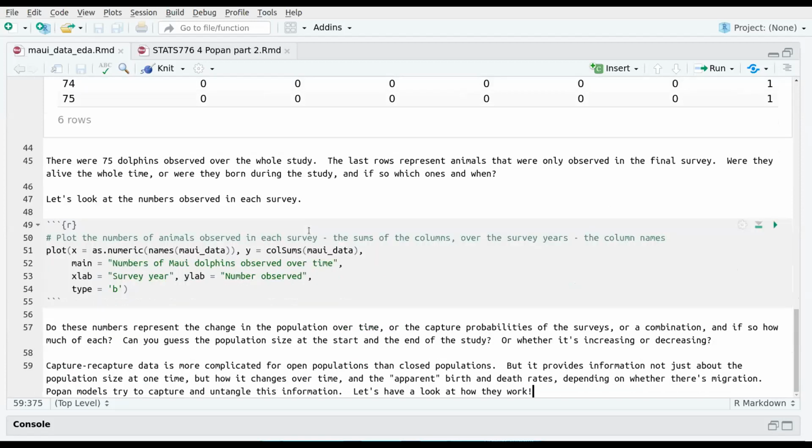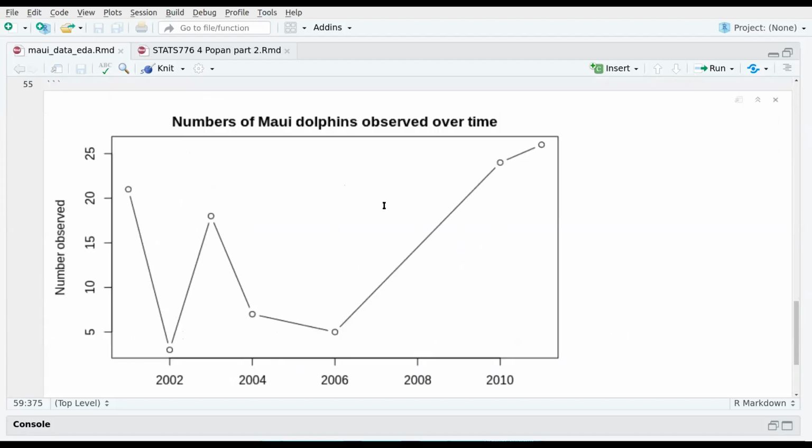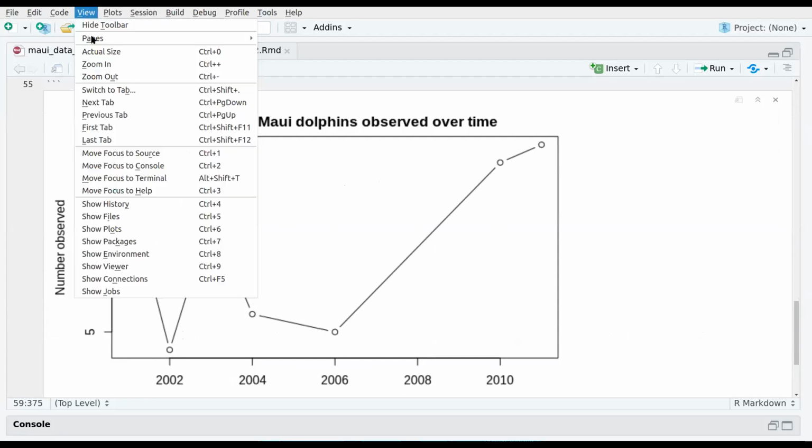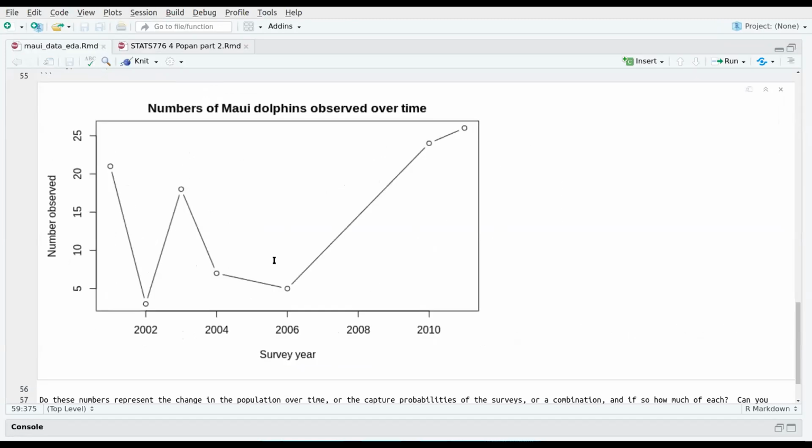Okay, let's have a look at the numbers observed in each survey. And I'm actually going to plot them. So I'll make that smaller. So you can see that the numbers are changing a fair bit. But this is different from the closed population, right?